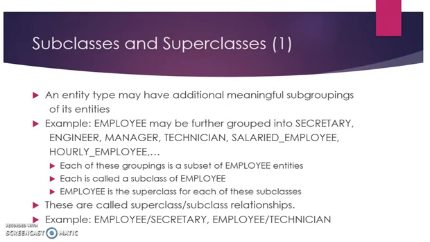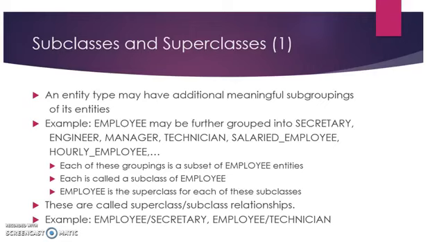Subclasses and superclasses. An entity type may have additional meaningful subgroupings of its entities. For example, an employee may be further grouped into secretary, engineer, manager, technician, salaried employee, hourly employee, etc. This feature was not there in basic ER, and each of these groupings is a subset of the employee entity.